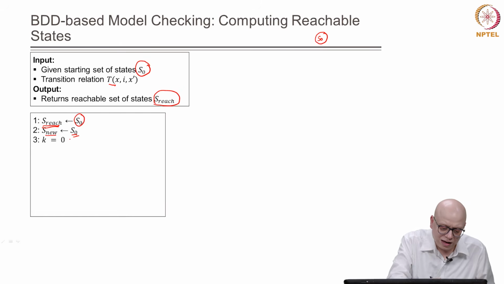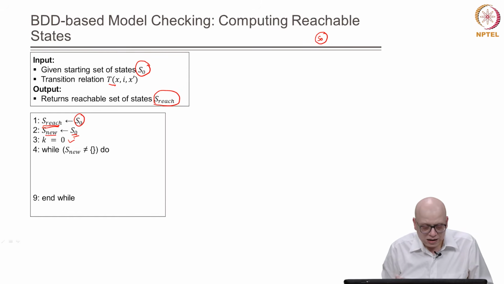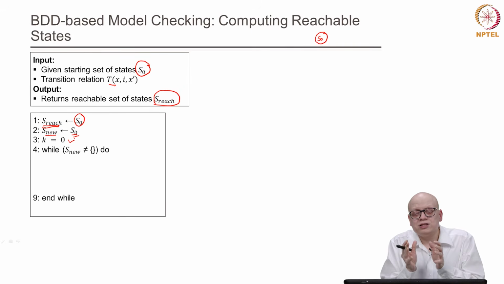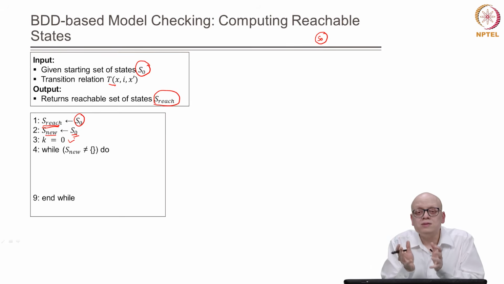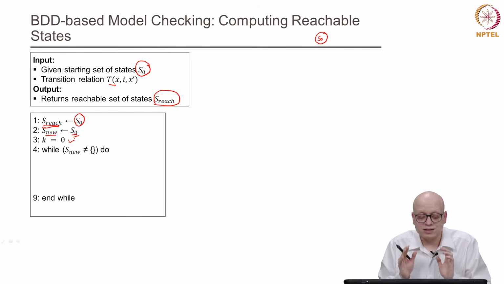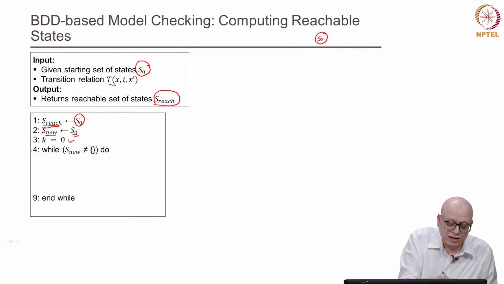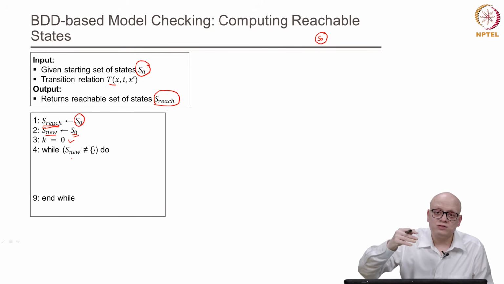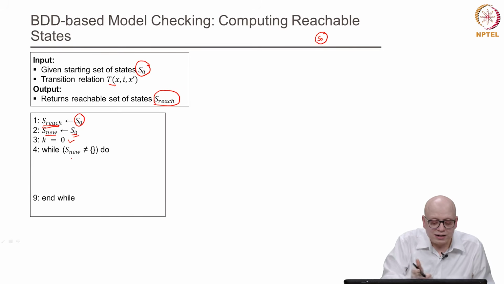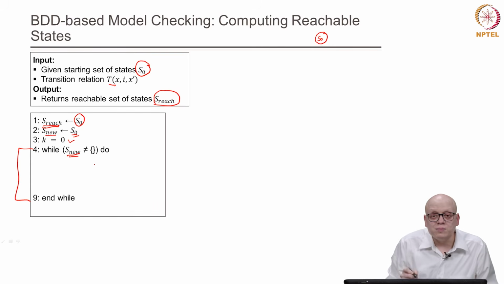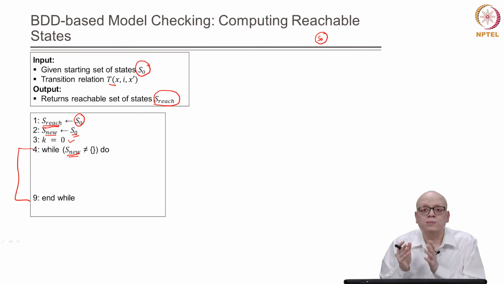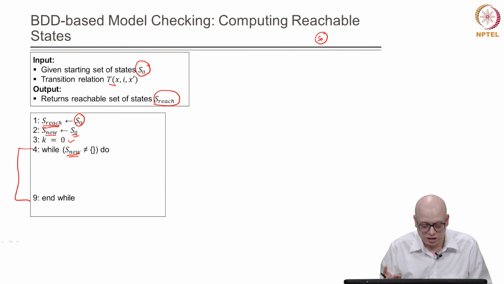Initially we keep the value of k equal to 0. Starting from the set of states S0, we go on increasing the set of states which are reachable from S0. This reachable set of states keeps expanding until no more new states are found, and that is why we have a while loop which continues while S new is non-empty. When it becomes empty, the loop will terminate and we will get the set of reachable states.